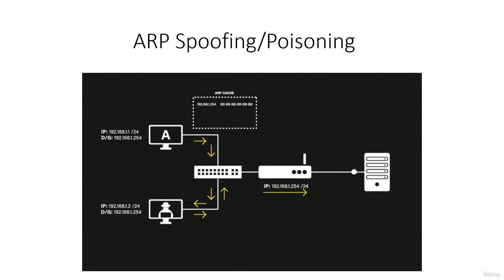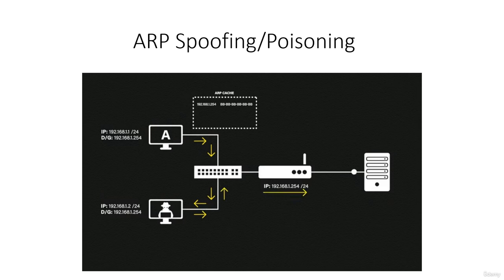The main intention is to associate the attacker's MAC address with the IP address of another host, such as the default gateway, causing any traffic meant for that IP address to be sent to the attacker instead. It allows the attacker to modify traffic and intercept data frames, leading to a common attack called the man-in-the-middle attack.